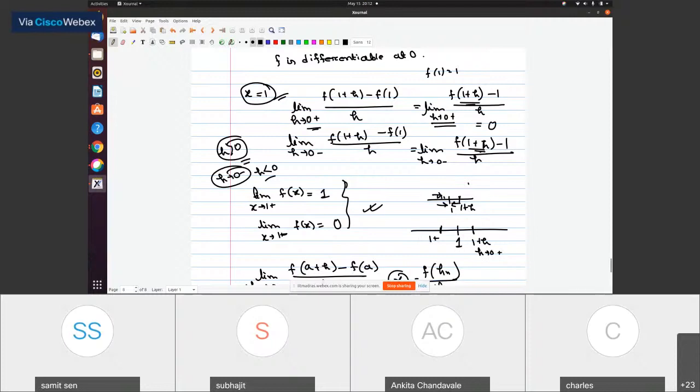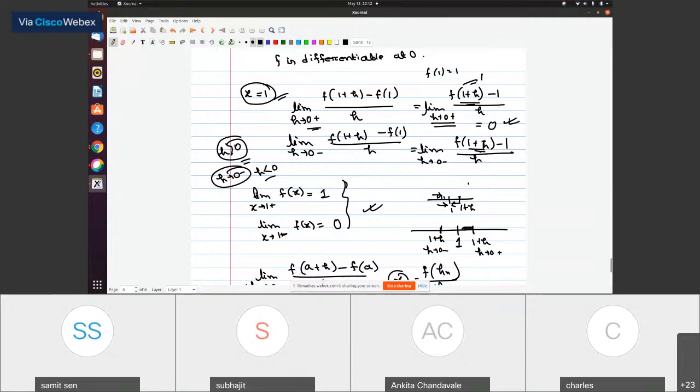So 1 plus h if h is 0 plus. When I am at the right side of 1, the functional value will be 1. So this is 1 minus 1, the numerator is always 0. So if we are approaching towards 0, this value is always 0, right?